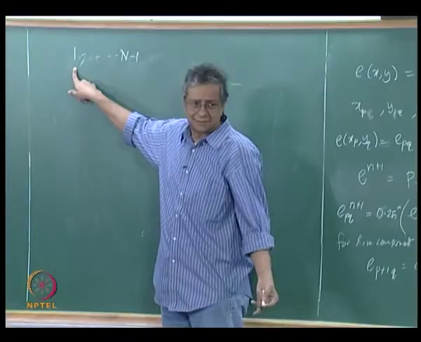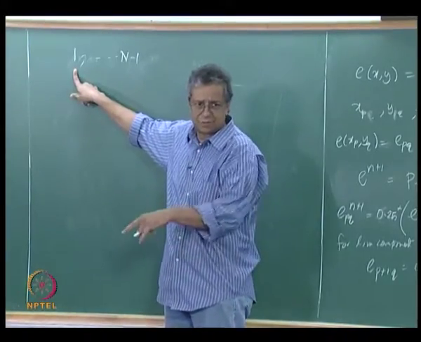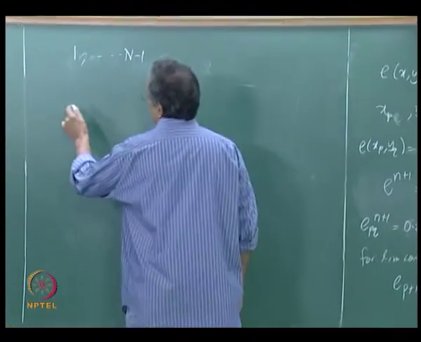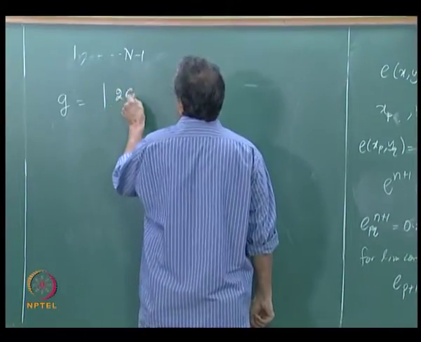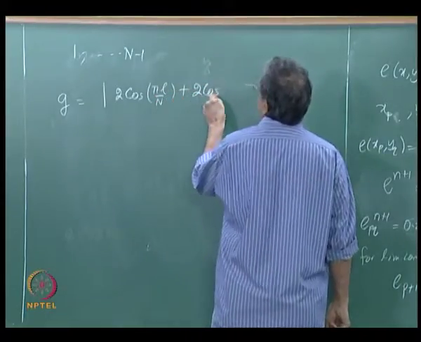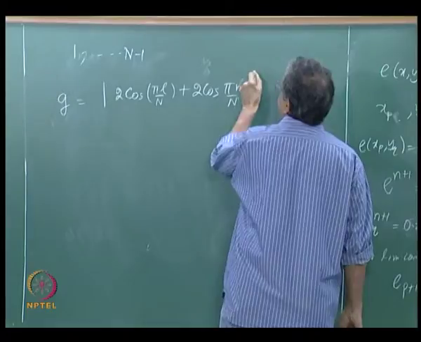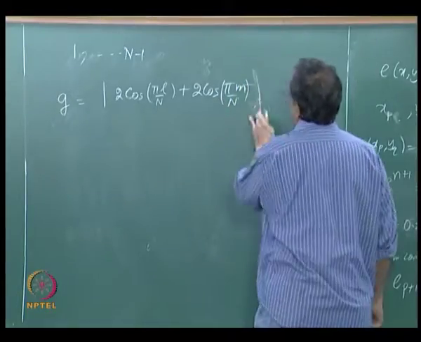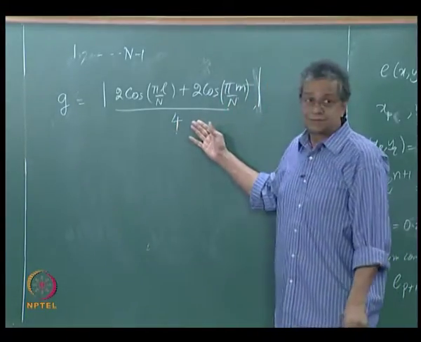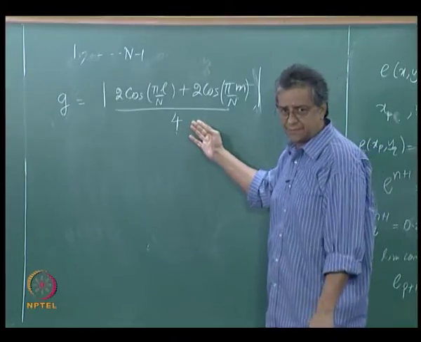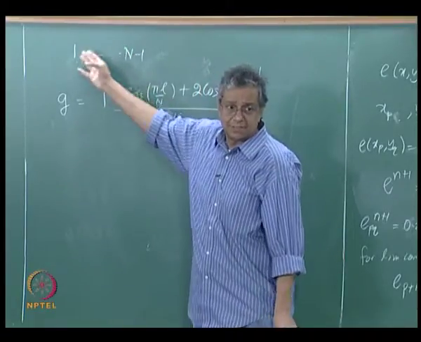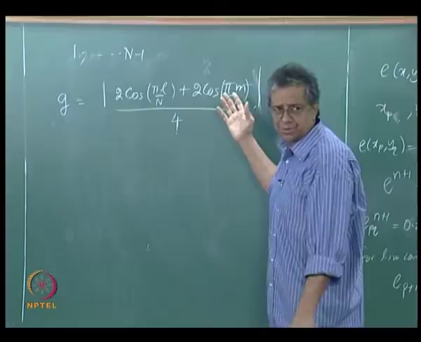So 0, as I said, the DC component is not there, the error is 0 on all the boundaries. So fortunately for us, the expression that we have, G as mod 2 cos pi L by n plus 2 cos pi m by n divided by 4, we ask the question when does this take its maximum value, and that occurs, fortunately for us, at the two extremes 1 and n minus 1, we do not really have to hunt anywhere in between.